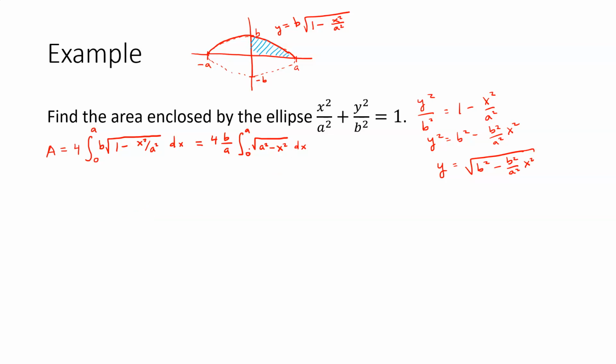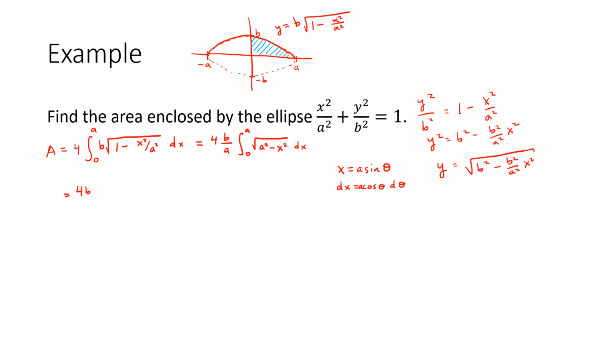Alright, now this looks like it's in the form where we can do the x equals a sine theta substitution. Okay, so we're going to let x equal a sine theta. So dx will be a cosine theta d theta. So we'll substitute all that stuff in. Let's see what we get now.